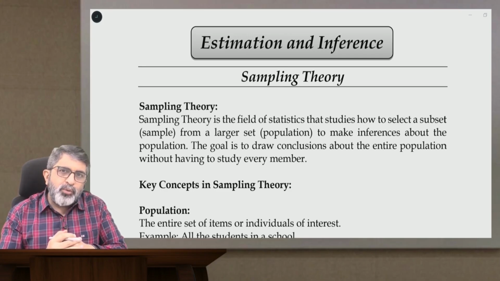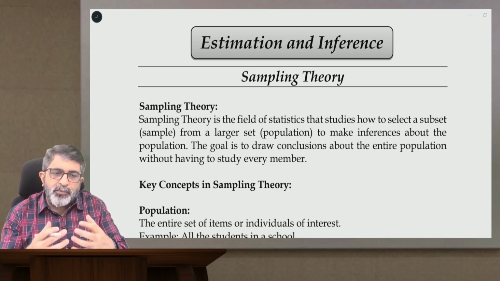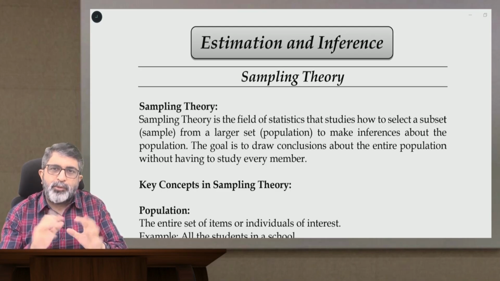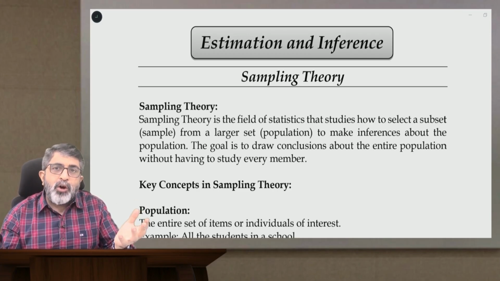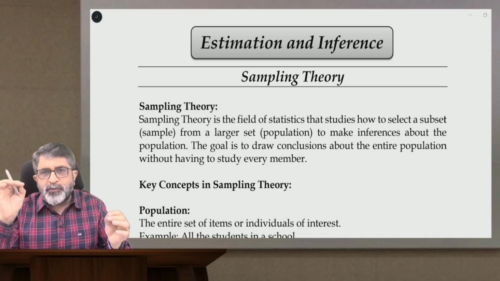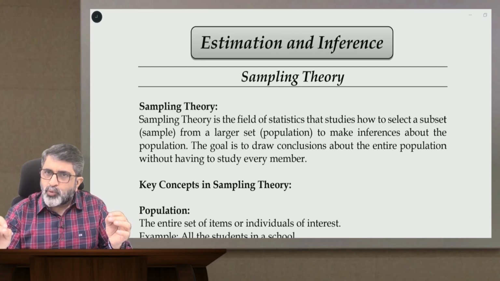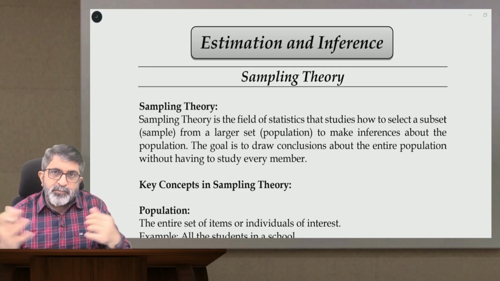So what you want to do, you want to take samples from that particular population. So population in this case is the total count of the working people in that town. That's the population, which is 1.5 million people.